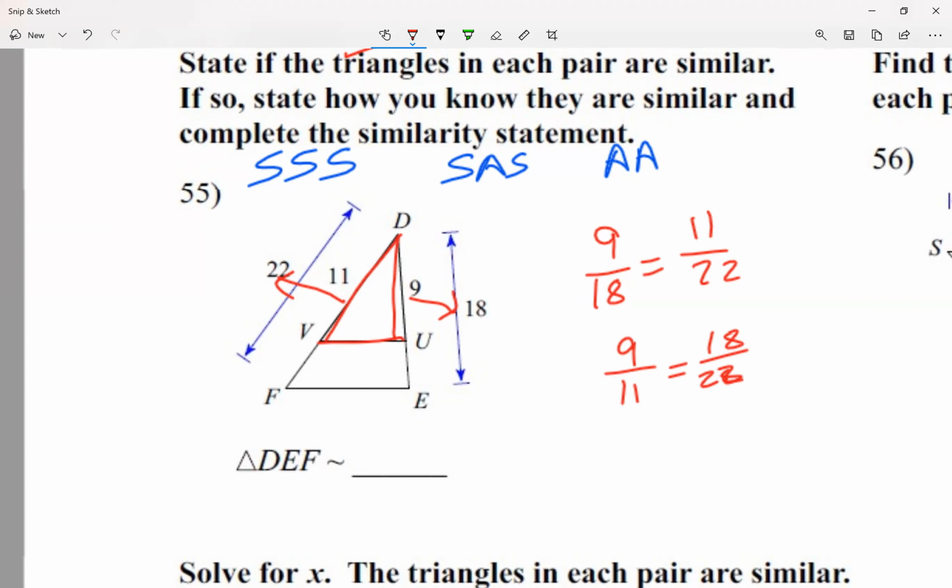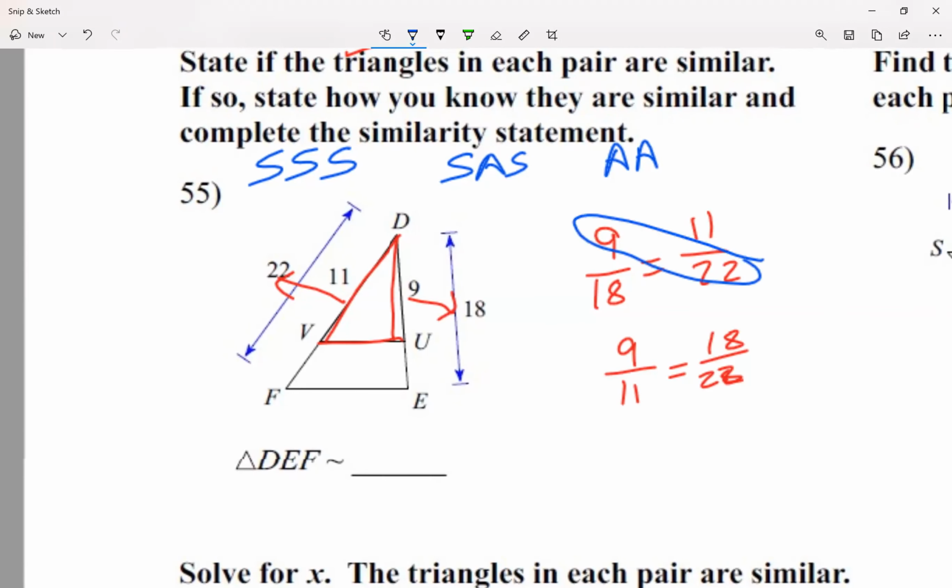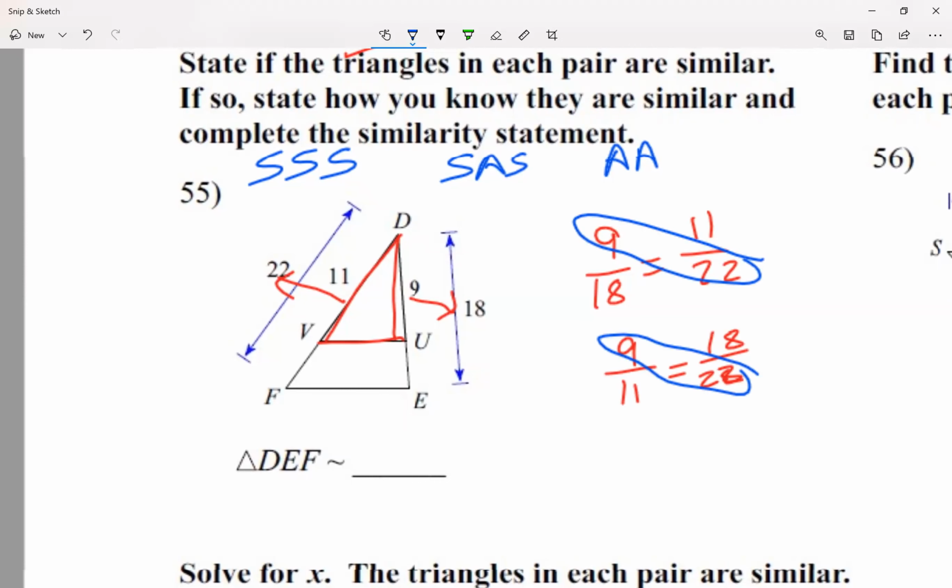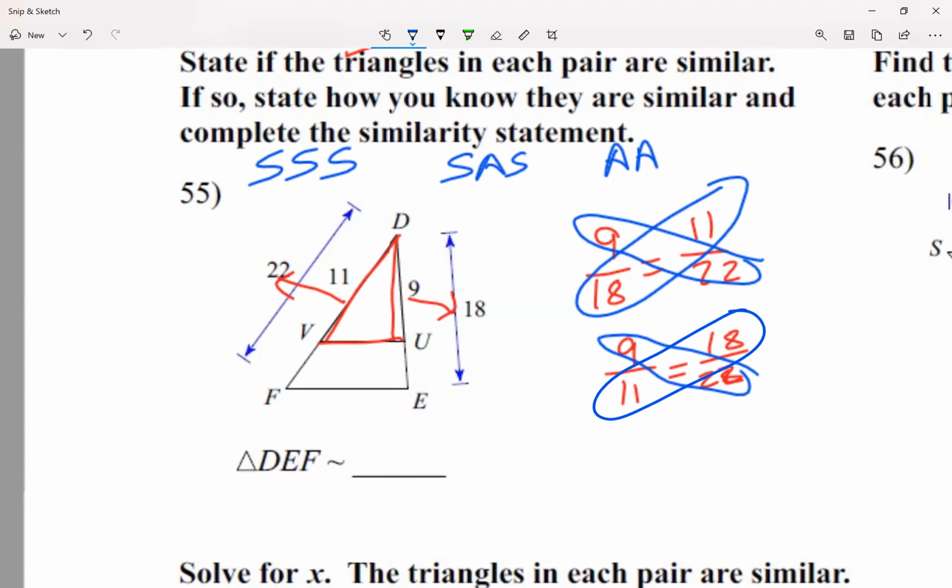To be honest, it really doesn't matter because whichever method you use, notice how on my top fraction, I'm going to multiply 9 times 22. Isn't that what I do here? 9 times 22. On my other case, I'm going to go 11 times 18. Isn't that what you do here? So once again, it doesn't matter.